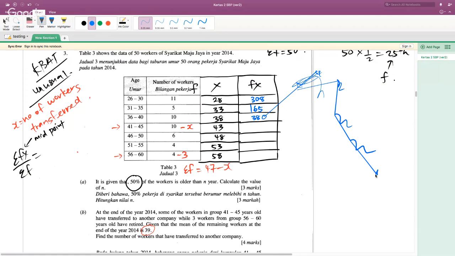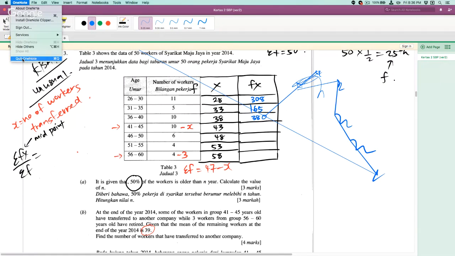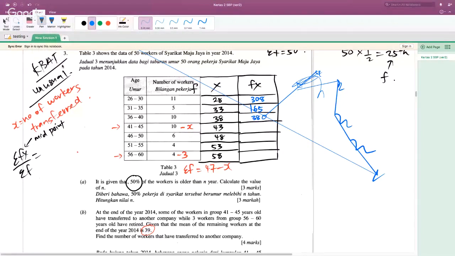I guess something went wrong. I have to restart this. I hope all the data here still remains. Something went wrong. I have to close it. I'm not sure what happened, some technical issue maybe.